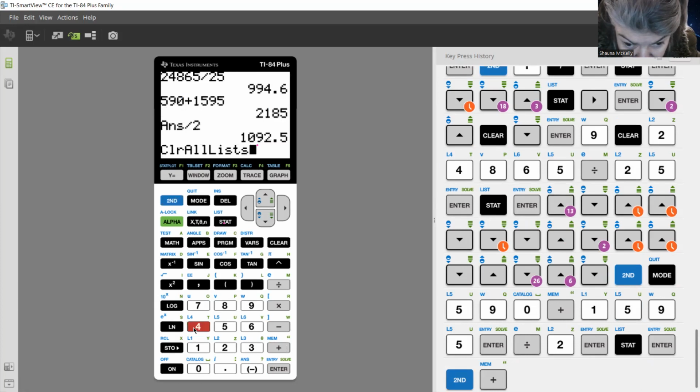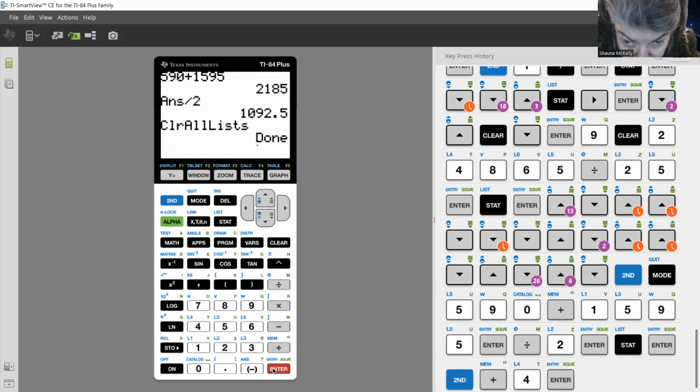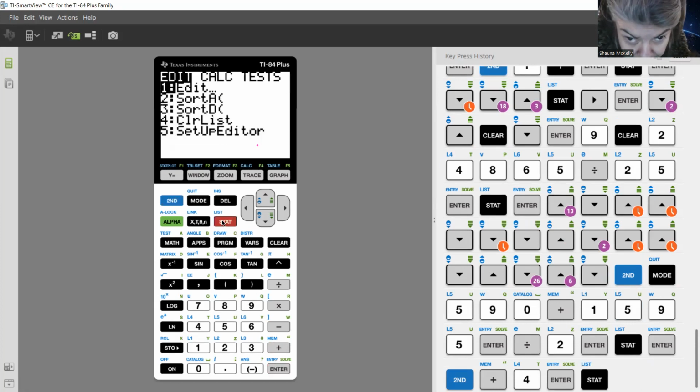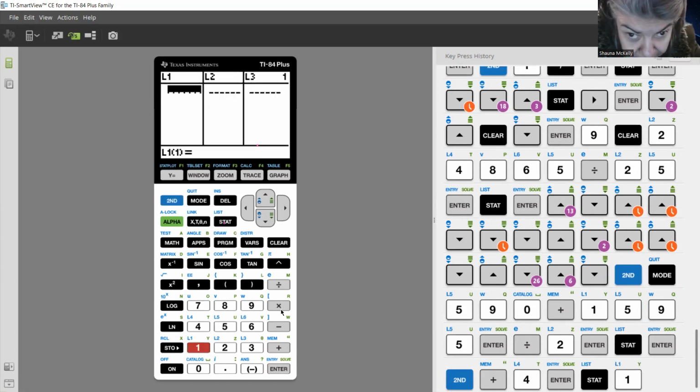Second memory, number 4. Then hit enter. And then if you go back to stat, you hit number 1 or you hit enter. Now your lists have disappeared.